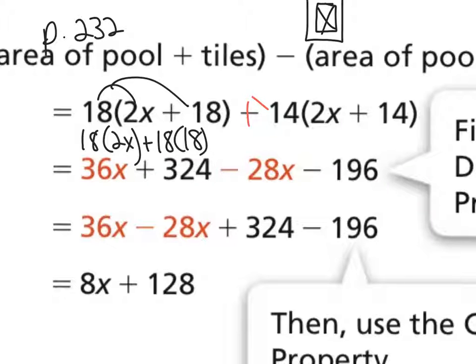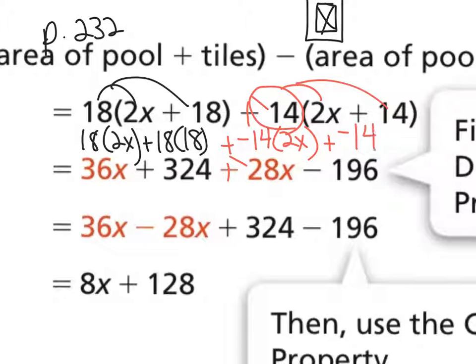This next part, they're subtracting. You may want to add the opposite, because we need to see this as distributing a negative 14. So this is like plus negative 14 times 2x, which is negative 28x, and then plus negative 14 times 14, which is plus a negative 196.